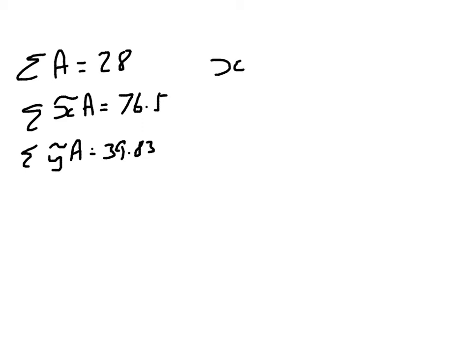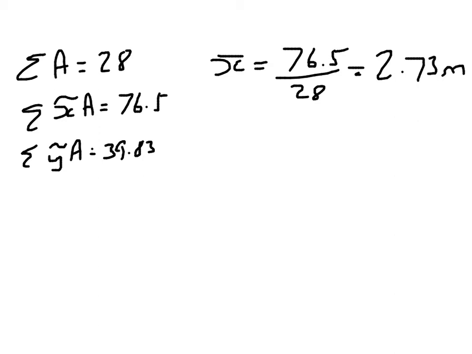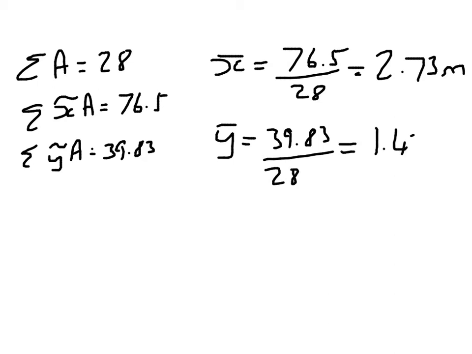So my x coordinate is going to be 76.5 over 28, and that equals 2.73 metres. And my y coordinate for my centroid position is going to be 39.83 over 28, which is 1.42 metres.